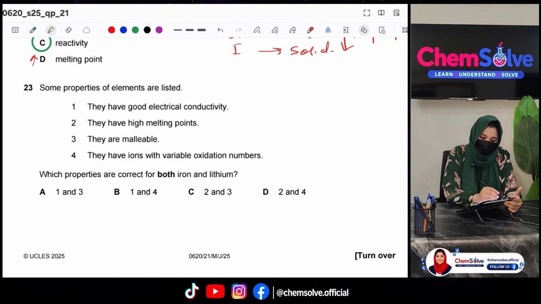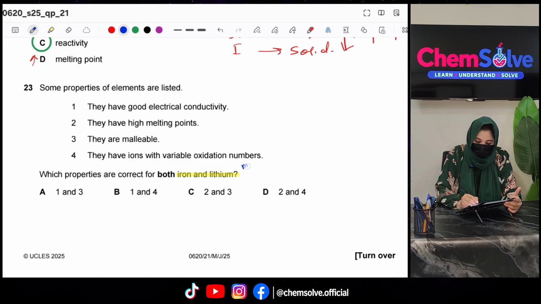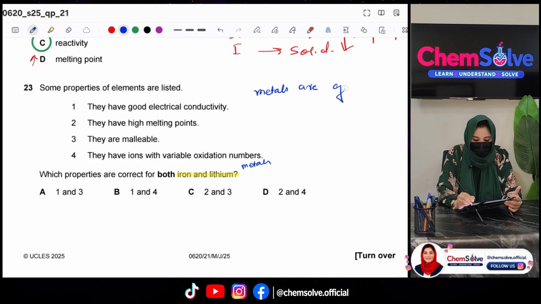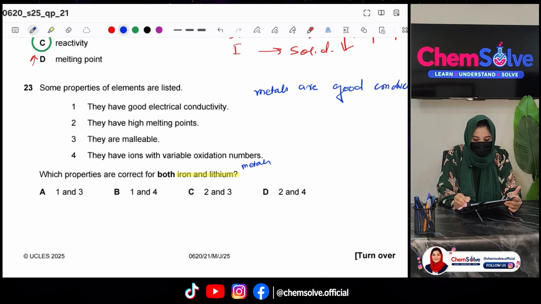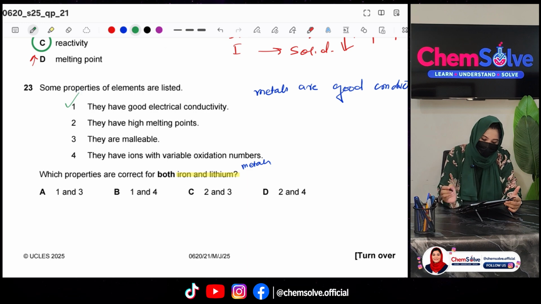Yes, both iron and lithium are metals, and metals are good conductors. That's why this option is correct.